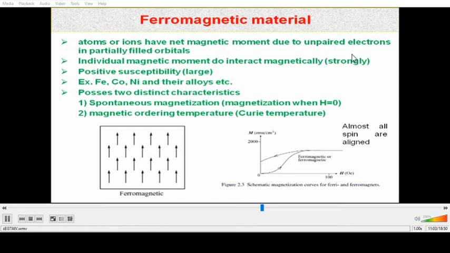In addition, individual magnetic moments do interact magnetically, and hence the magnitude of susceptibility is very large in the case of ferromagnetic material. That was not the case in paramagnetic materials.